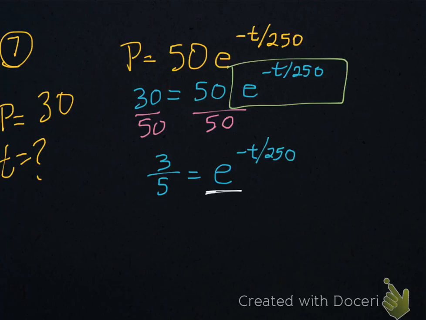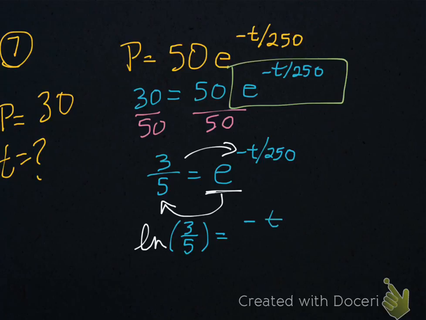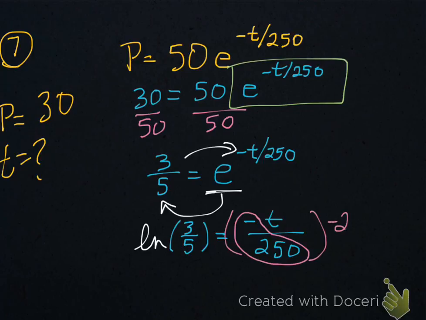Now we've got to get it into a log in order to get our exponent isolated. So natural log is the log base e. So I have natural log of 3 over 5, and that's equal to negative t divided by 250. Now how do we get rid of that 250? Well, it's dividing, and the opposite of division is multiplication. So I'm going to multiply both sides by negative 250.